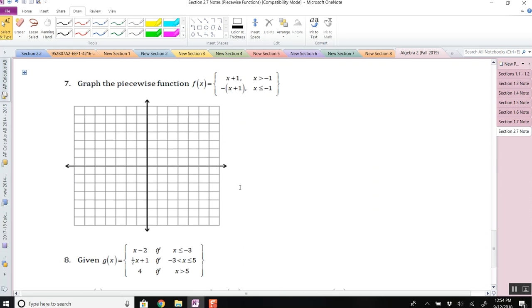Here's another one. We're going to graph y equals x plus 1, but x is going to be greater than -1, so I can't have the whole thing. And it should be an open circle. I've got to do the other one. That's like saying -x minus 1.